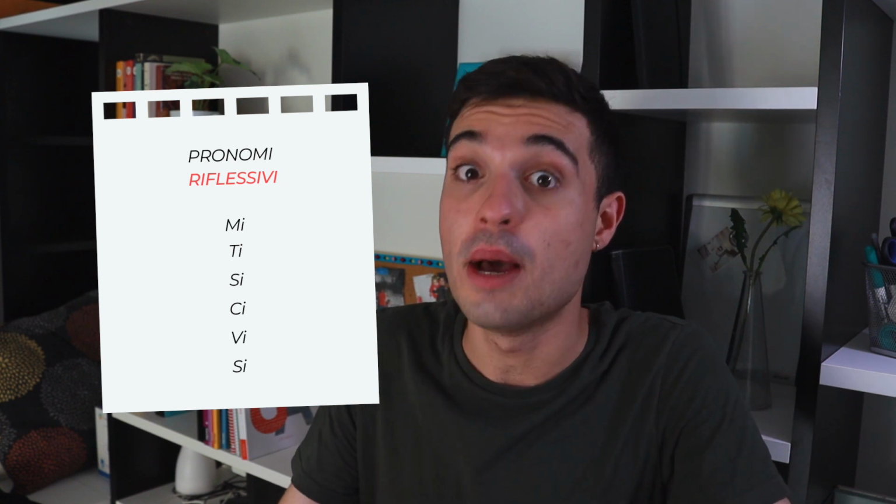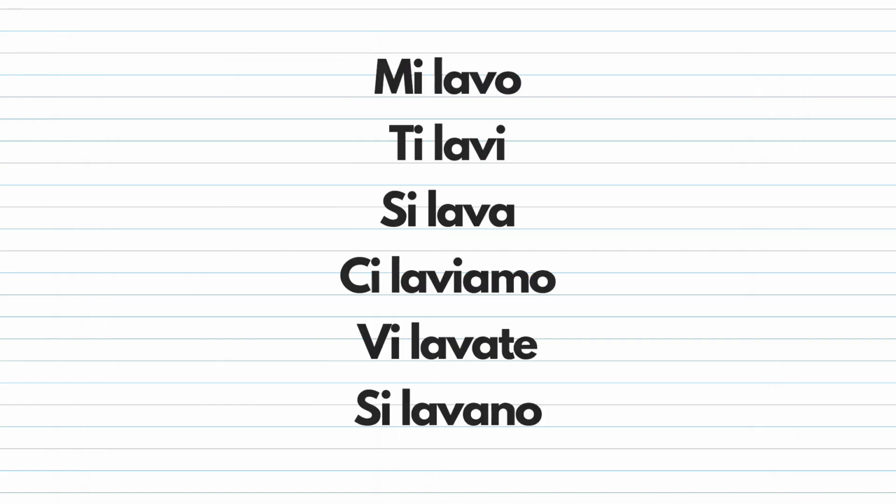That's why we have reflexive verbs in Italian. In order to conjugate reflexive verbs, it's very easy. You place a reflexive pronoun, mi, ti, si, ci, vi, si, before the verb. So for example, if I take the verb lavarsi, to wash, I would say mi lavo, ti lavi, si lava, ci laviamo, vi lavate, si lavano.